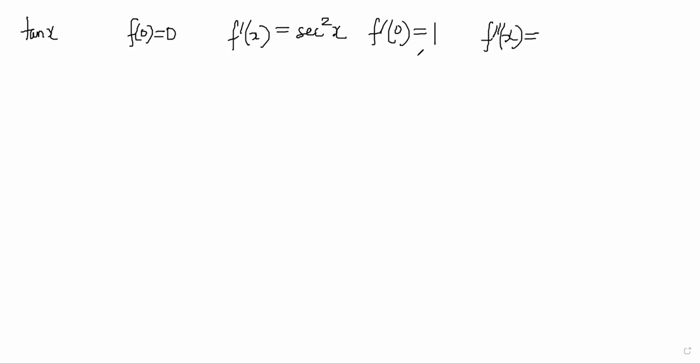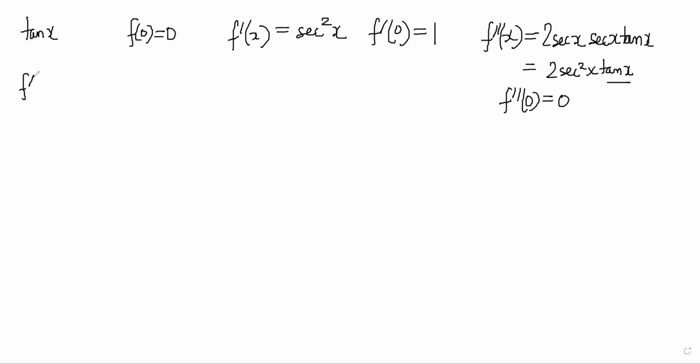For the tan series, f of 0 is equal to 0, f dash x is equal to secant square x, so f dash 0 is 1, and derivative of secant square x now, that will be 2 sec x, and derivative of sec x is sec x tan x. This becomes 2 secant square x tan x, but because you have to put 0, that will become 0 because of tan x, right? Triple derivative, if you want to do, you have to do by product rule here.